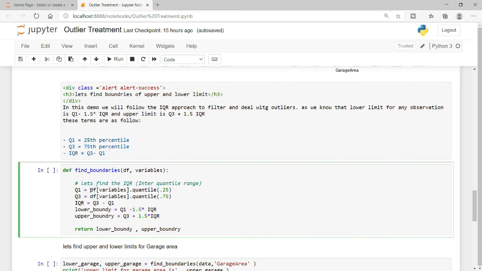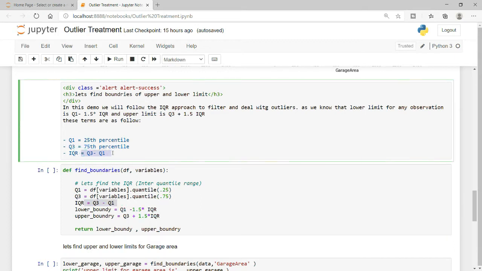To identify Q1, as I told you earlier, it is the 25th percentile, so I have simply written df, the data frame, then my variable name dot quantile. I have used the quantile function and given 0.25. So I have got my Q1 here, the 25th percentile value, and then here I have got my Q3, which is the 75th percentile value, and IQR, as I showed you here, is Q3 minus Q1.